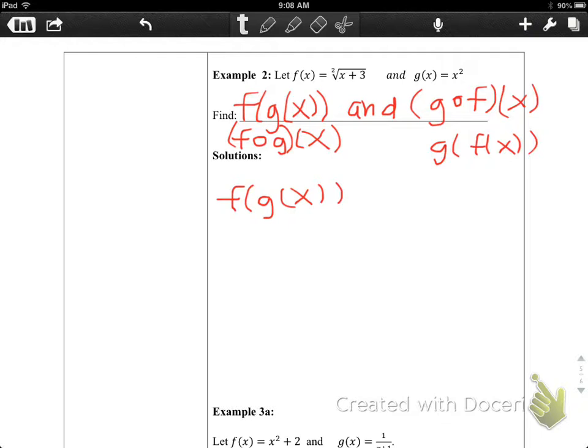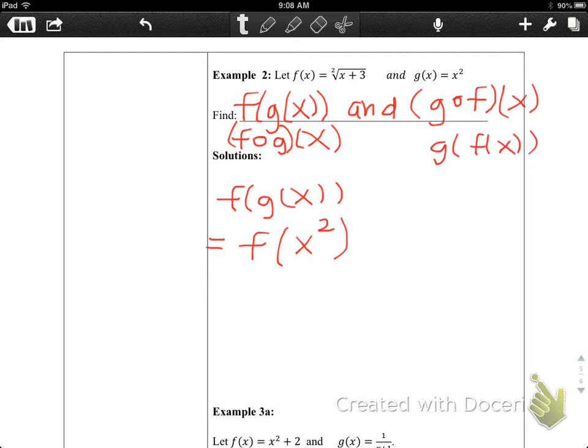Okay, so again, this is a composite, so this is f of g of x. You always start from the inside out, so you could have a composite of many different functions. You always start from the inside and work your way out. So f of g of x equals f of g of x, and you substitute in what g of x equals. g of x in this example is x squared, so now we have f of x squared.